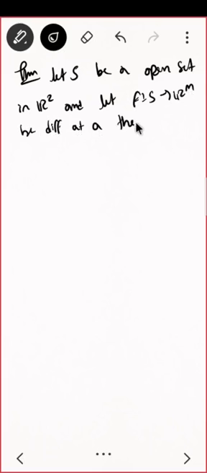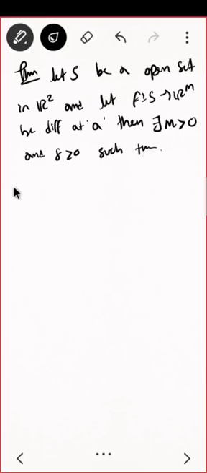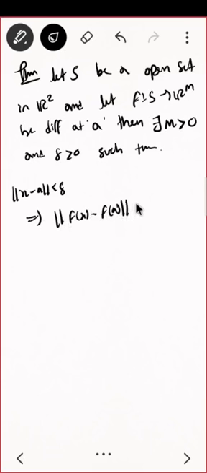Then there exist M positive and delta positive such that norm of x minus e less than delta implies norm of f of x minus f of e is less than or equal to M times norm of x minus e. So this is what you want to prove.